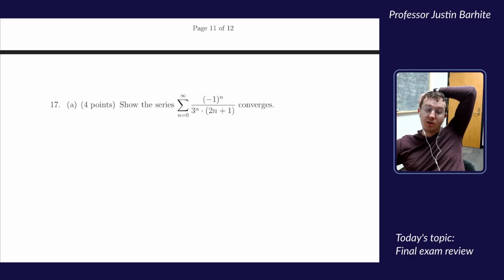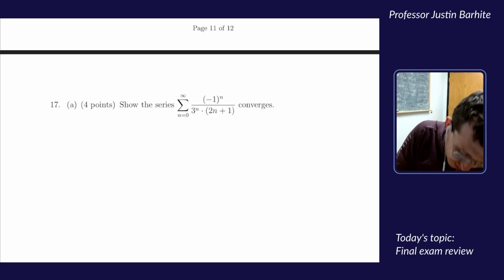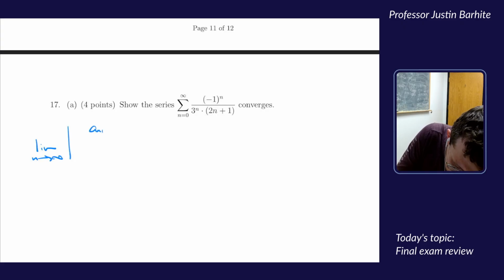So you could use the alternating series test. I'm just going to use the ratio test. So let me take the ratio of a_{n+1} over a_n.